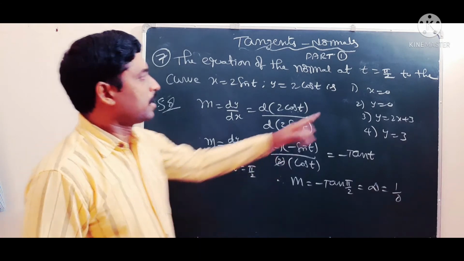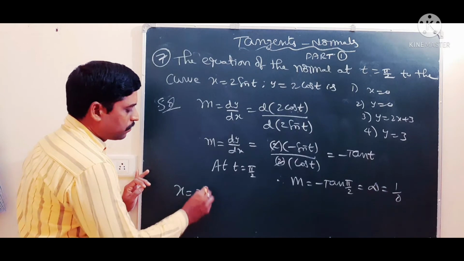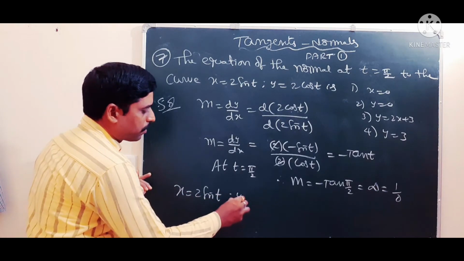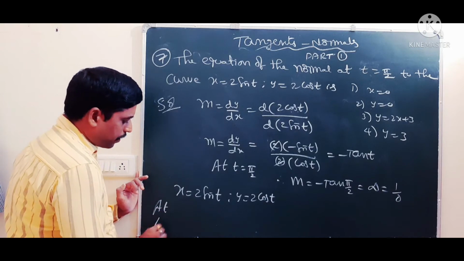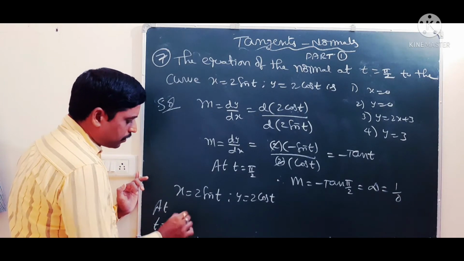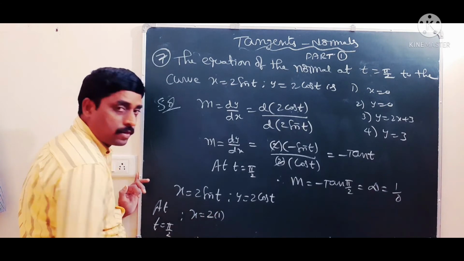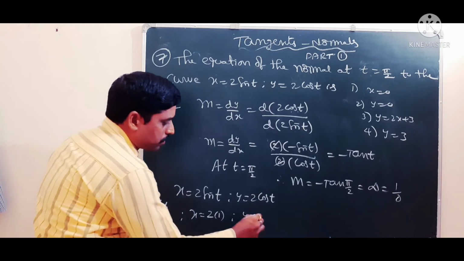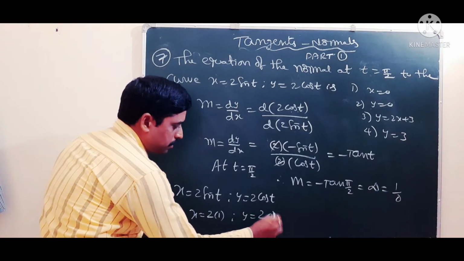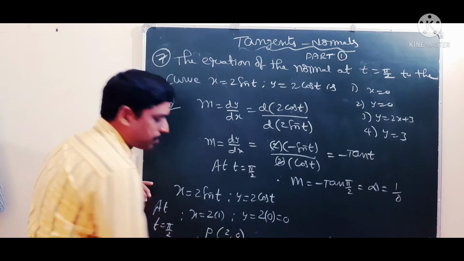At t equals pi by 2, x equals 2 sin t and y equals 2 cos t. So x is equal to 2 sin 90. Sin 90 value is 1, so this is 2. And 2 cos 90, this is 0. So the point is (2, 0).